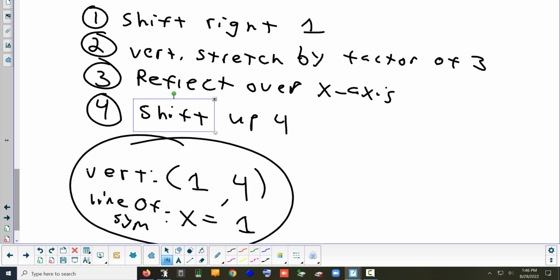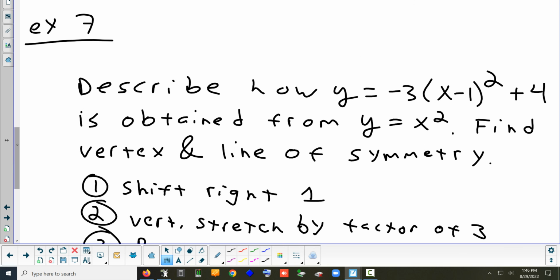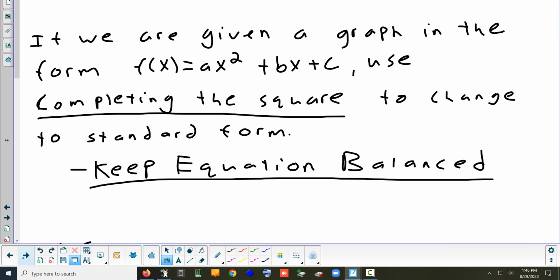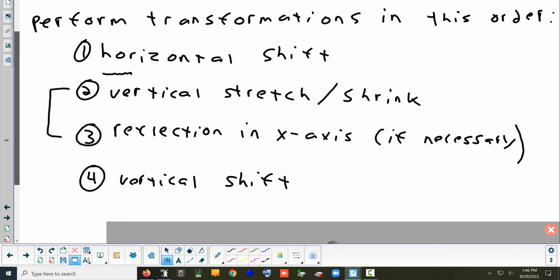All right, now, as long as you're given an equation like that, that's great. But if somebody decides to FOIL this out and then distribute and add 4, that's not good. Now they've messed it up and we can't easily find the transformations. So, go back here.